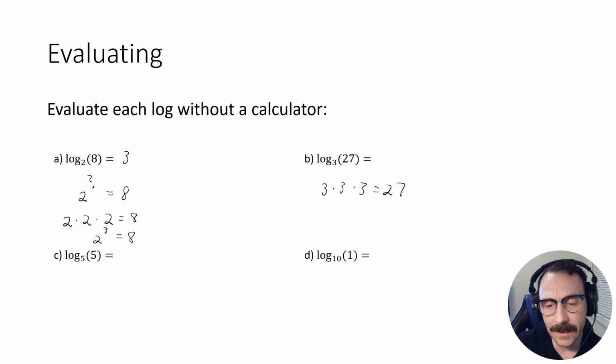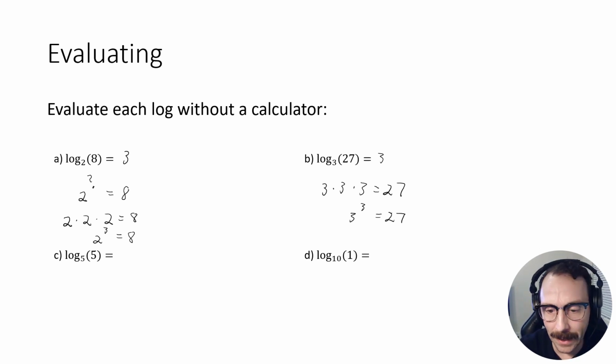So there are three 3's, and I don't want to write out three 3's every time, so I'm going to use the exponent to my benefit. Now it's simply observing this is the exponential form, and I want to write the logarithmic form. So log base 3 of 27 is equal to 3. Another way of thinking about that is 3 to the power of 3 is equal to 27.